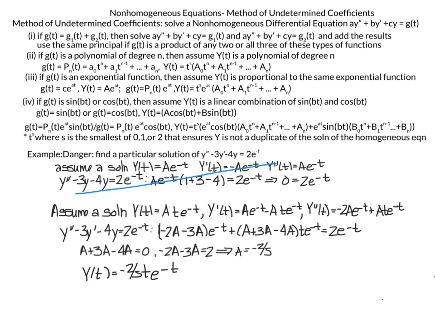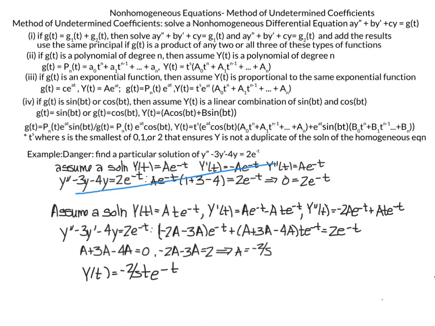So what this tells me is, since I have no t e to the minus t terms over here on the right-hand side, that must mean my a plus 3a minus 4a equals 0. And then here, my e to the minus t terms, that is minus 2 minus 3a, must equal 2, the coefficient in front of my e to the minus t.